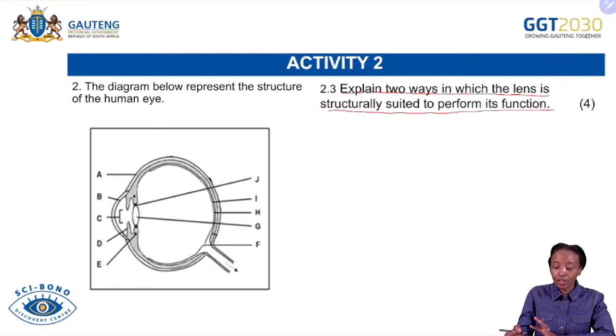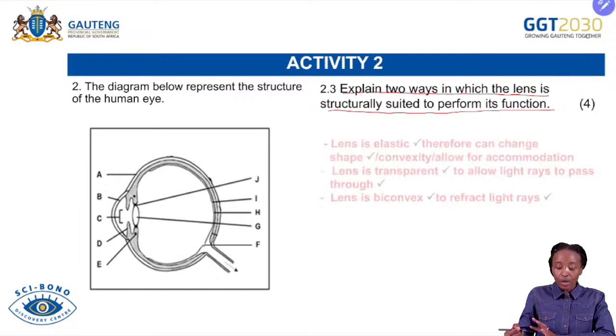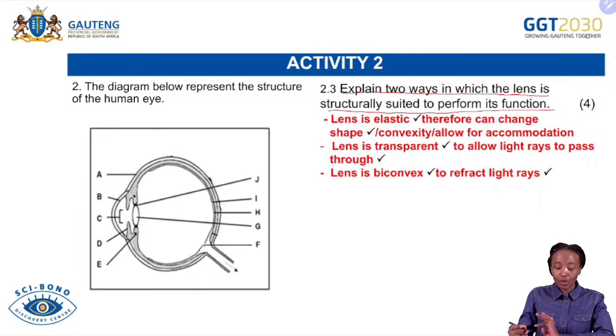So let's look at the 2 ways that the memo is providing us. There are actually 3 options there, but if the max is 4, we mark the first 4. The first one says it is elastic. Because it is elastic, it can change its shape or its convexity, that is to allow for accommodation.